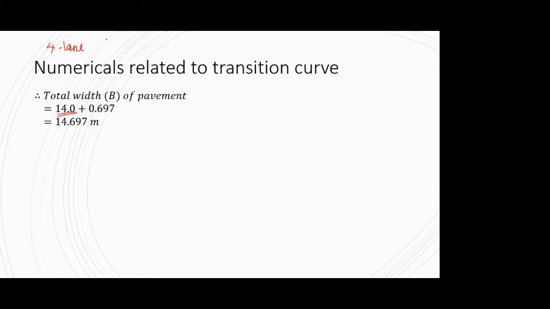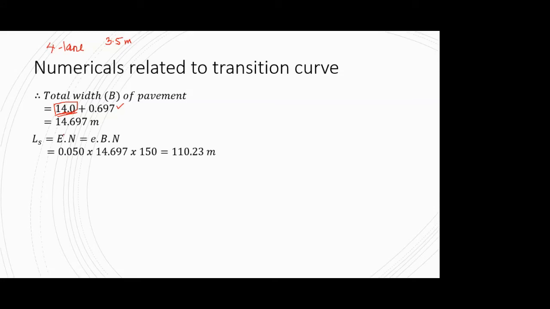I told you that a standard lane is 3.5 meter in width for a single lane, so 3.5 into 4 is 14. Or it's simply a 2-lane highway, we take it as 7 meter, and double of 7 is 14. So from there, I took this value of 14 meter as the initial width. And then I added the value of extra widening that we calculated just now, so it comes out to be 14.697.